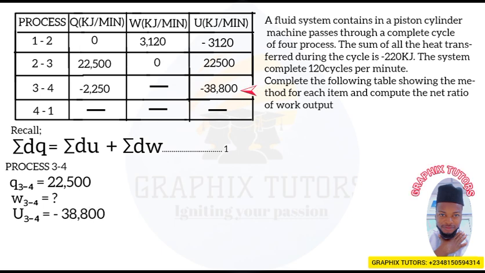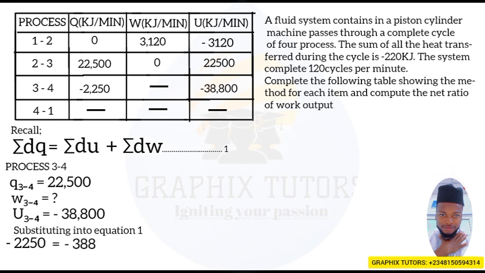38,800 kilojoule per minute. Now, if I substitute this into equation 1, I am going to have dQ, which is giving us Q3 to 4, and that is negative 2,250, equals U3 to 4, which is minus 38,800, plus the work done, which is W3 to 4, and that is unknown. So we'll now collect like terms: minus 2,250.